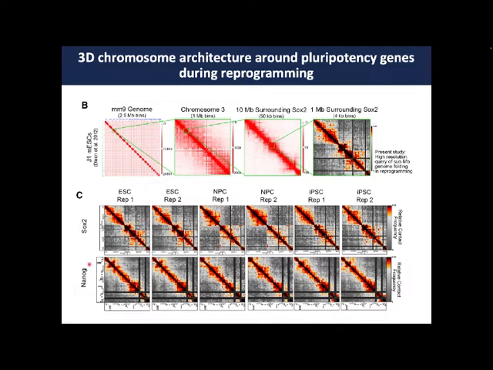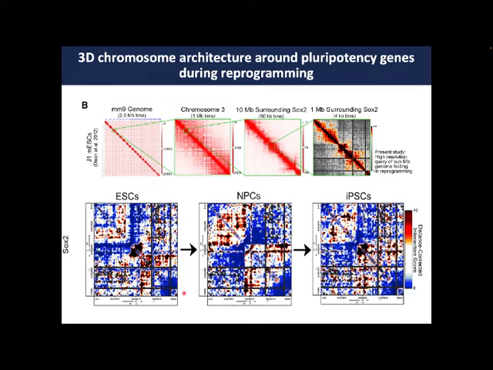In the case of Nanog, you may notice a similar thing. The ESC and NPC show very dramatic differences in profile. However, after reprogramming, the shape, the structure, and the heat map of the Hi-C data are quite similar to iPSC. So this is the amplified one. If we differentiate ESC toward the NPC, the neural precursor shows a very different conformation revealed by the Hi-C heat maps.